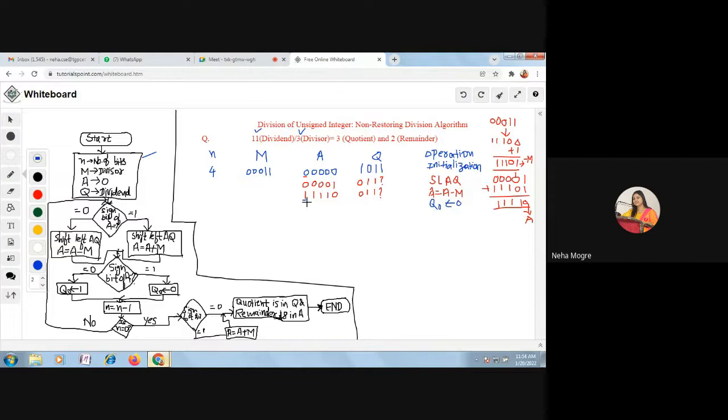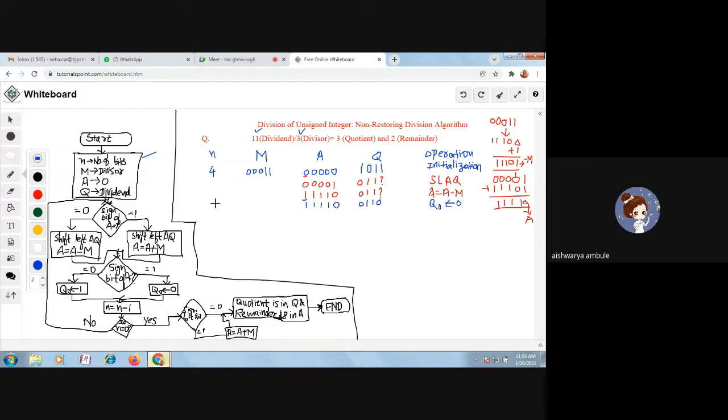So it will be 1 1 1 1 0, 0 1 1 0. Now increment the value of n by 1.